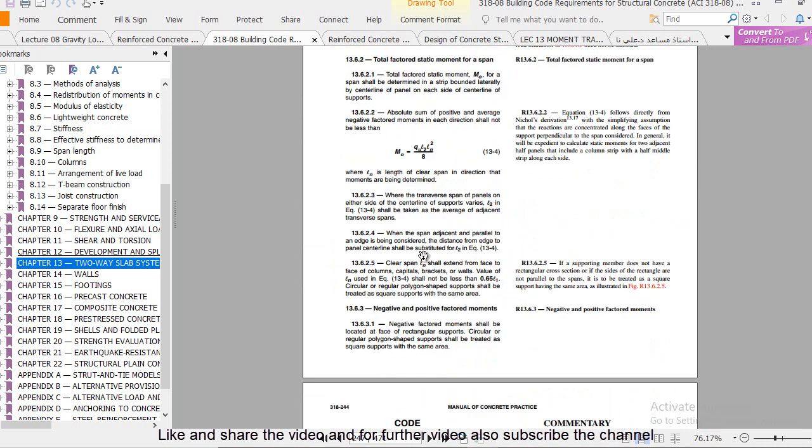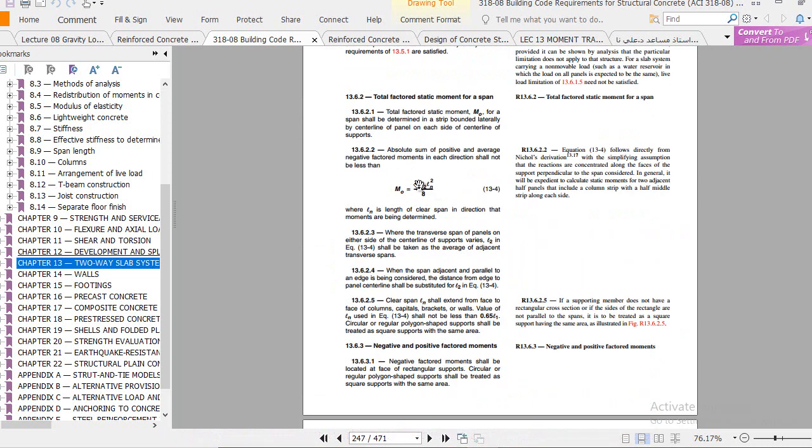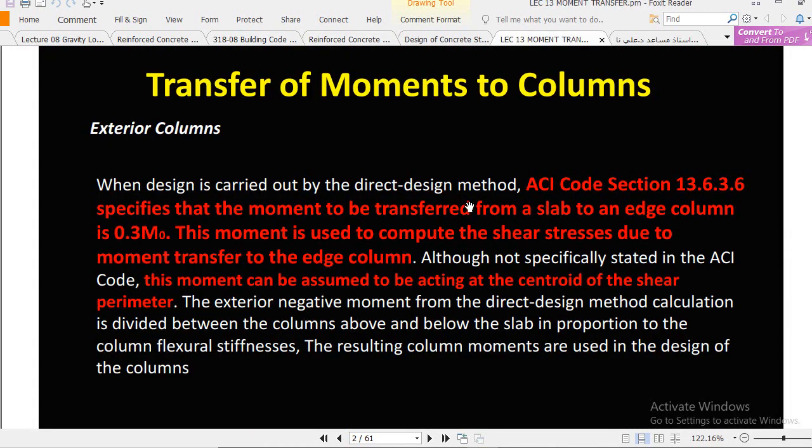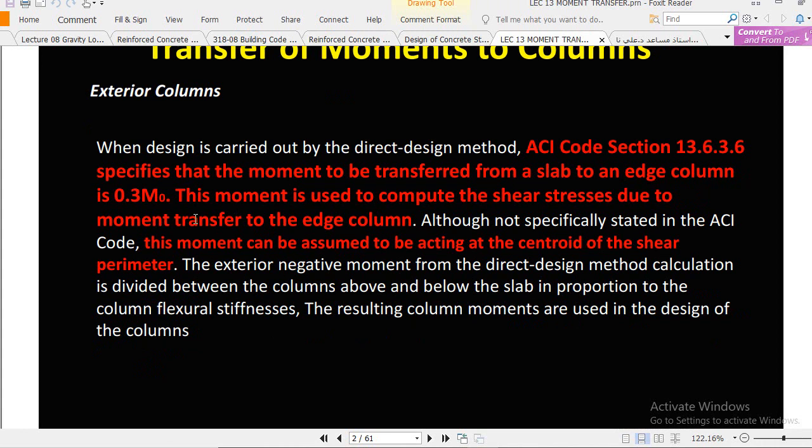And what is M0? You already saw this in the DDM method. M0 is qu l2 ln squared divided by 8. This means that 30% of this moment will go toward the edge column, or the exterior column. This is very, very important. What does this 30% mean? You will see in the numerical.